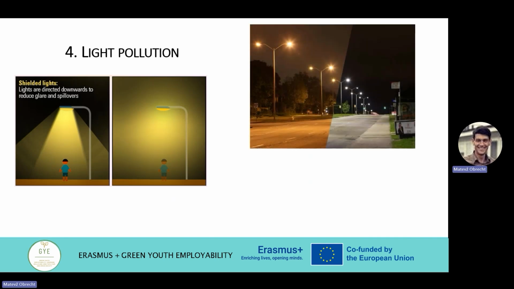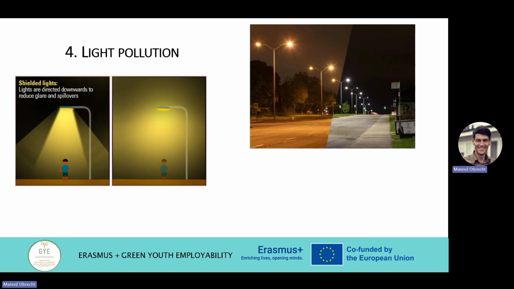On the left-hand side, the yellow or orange color is on one hand better, as it causes less pollution than the white one, but you can see the sky up above. You cannot see the stars. On the right-hand side, you can see the stars.